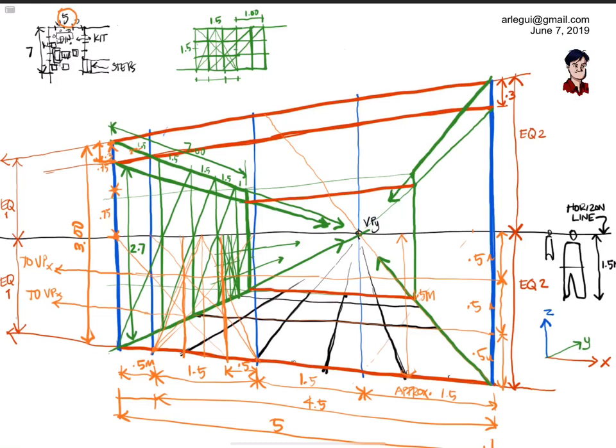Those are 3 meters each, so I'm subdividing them into 3 equal parts again. So that's the 1 meter depth measurement grid.